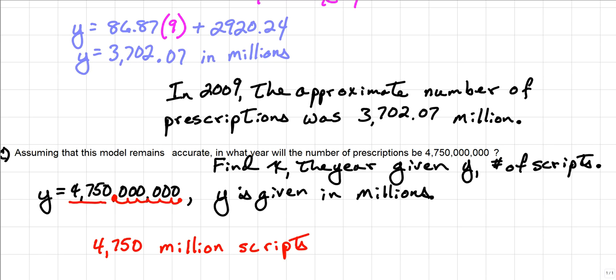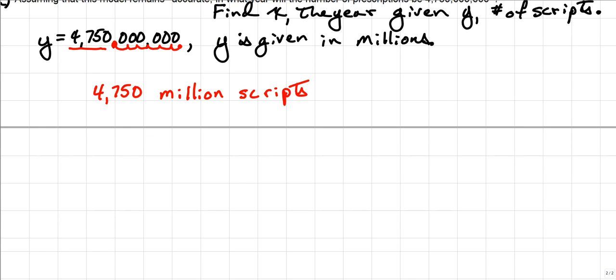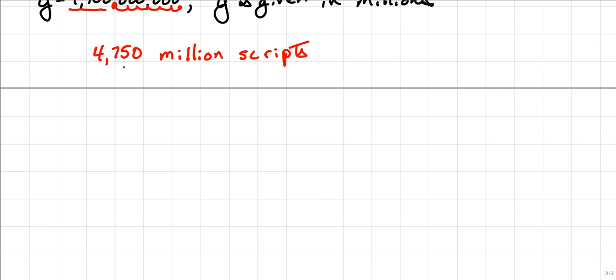Which means that my linear equation that we've been dealing with is now going to look like this. I'm going to have the 4,750, and that will be equal to 86.87x plus 2,920.24.